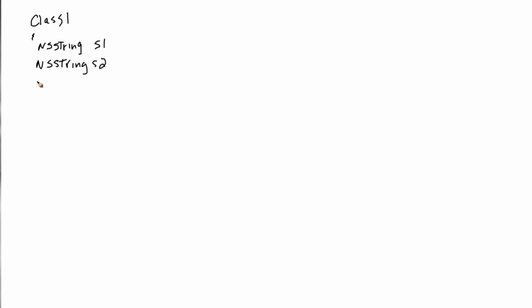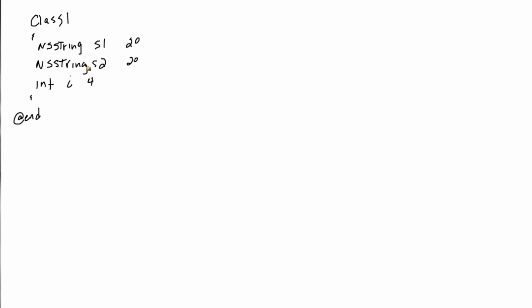And then we'll have an integer, which is a native C-style variable, and we'll just call it I. And then we'll do our end of class. So we've got some instance variables that we've declared here. Let's just, for the sake of argument, say that a string is 20 bytes, and let's say this is 20 bytes, and let's say an integer is 4 bytes.